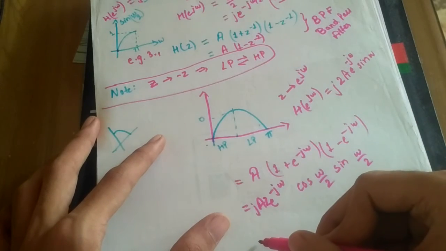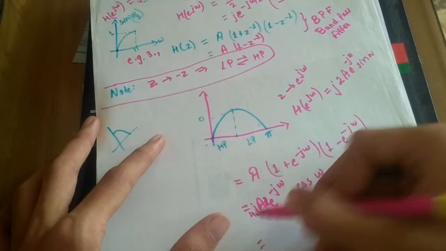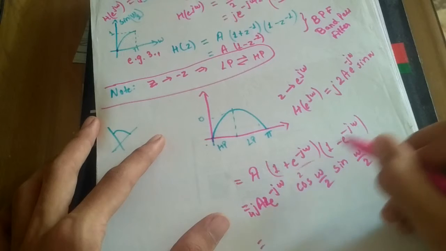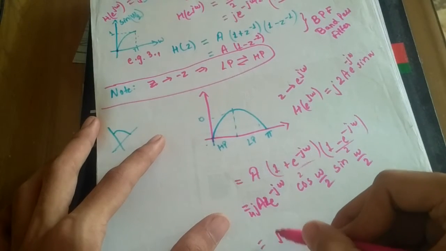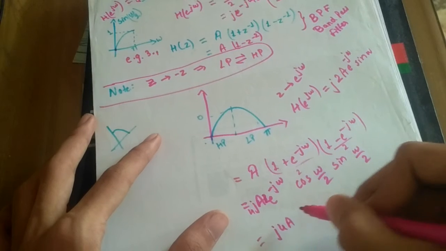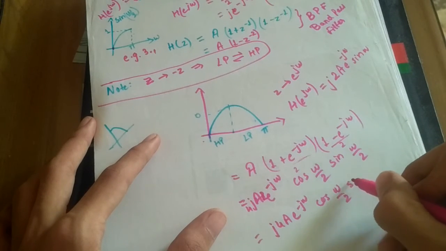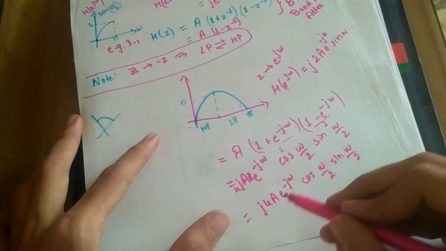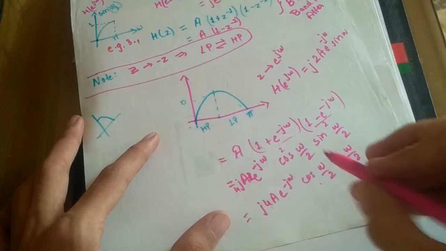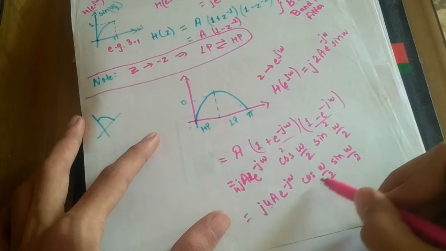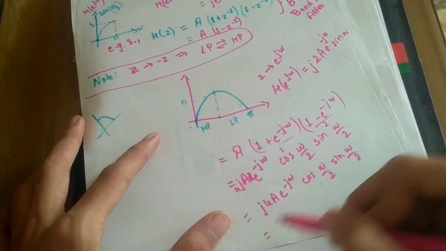And this is nothing but, we have 4, because a 2 is required over here and a 2 is required over here, right? So we have 4 over here. Let me write again: we have j 4 times A e power minus j omega cosine omega by 2 and sine omega by 2, and we know that twice of sine omega by 2 and cosine omega by 2 will give sine omega, right?